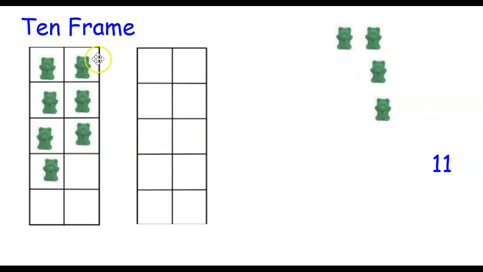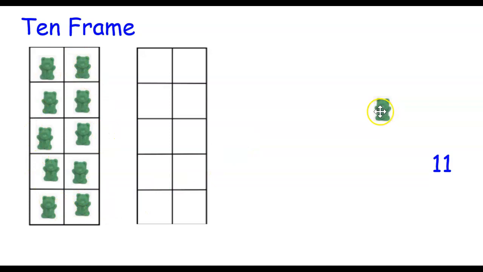Now 7 would be an odd number because this bear wouldn't have a partner. But let's keep on going because our number is 11. Now there we have 10. It fills the 10 frame and we have 1 bear left. He does not have a partner. So we know 11 is an odd number.